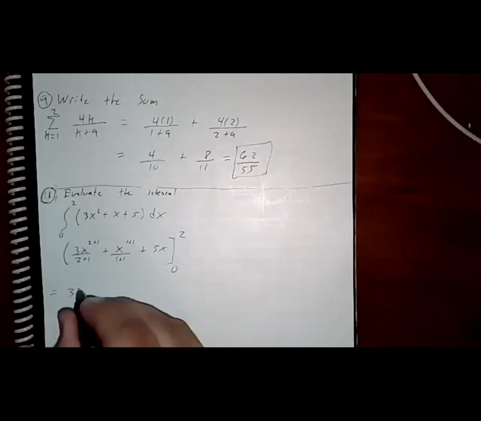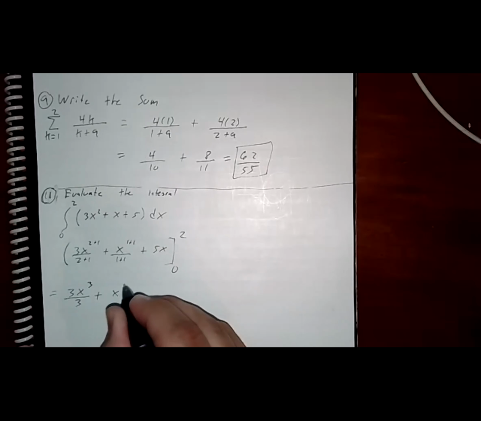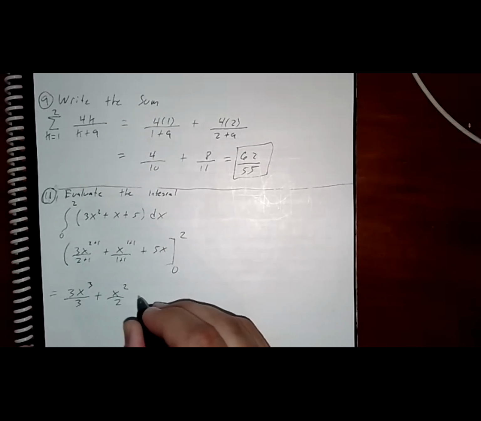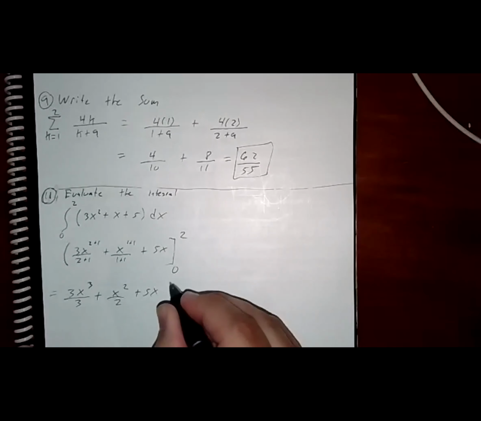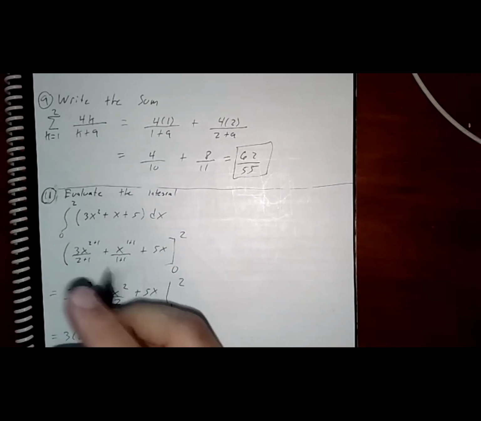So that'll be 3x cubed over 3 plus x squared over 2 plus 5x from 0 to 2. Actually, these threes cancel, right? So who cares about that?